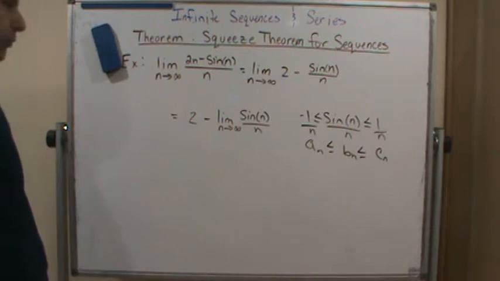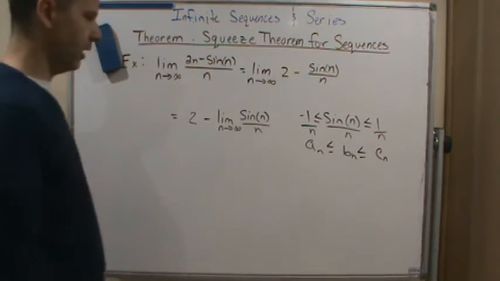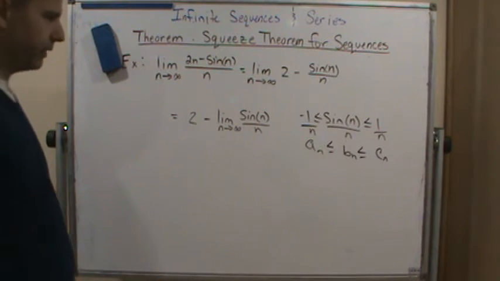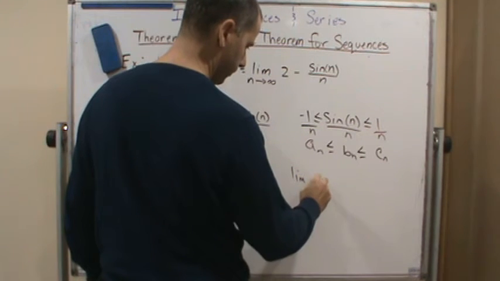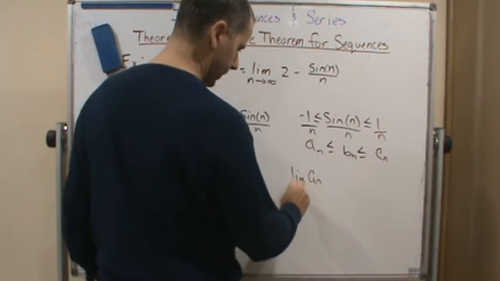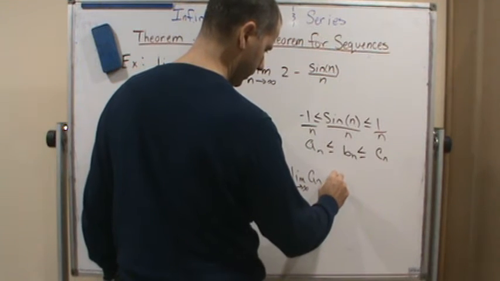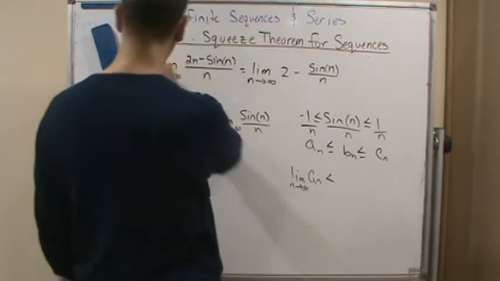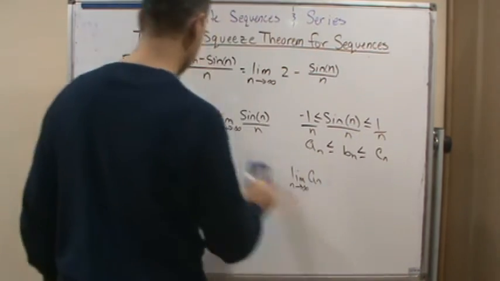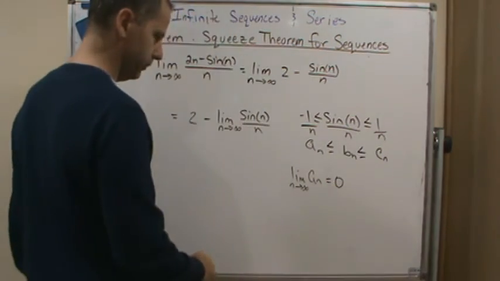So now we know that this sequence of numbers, right, the limit of a sub n as n approaches infinity equals 0, right?